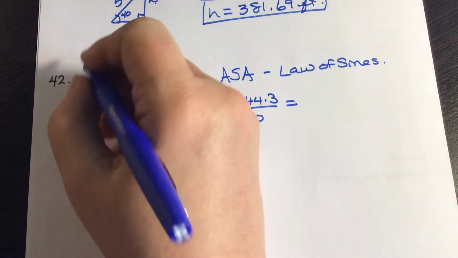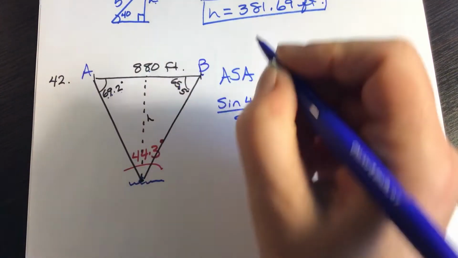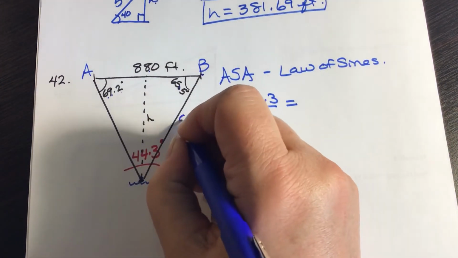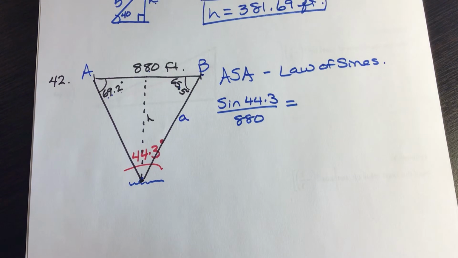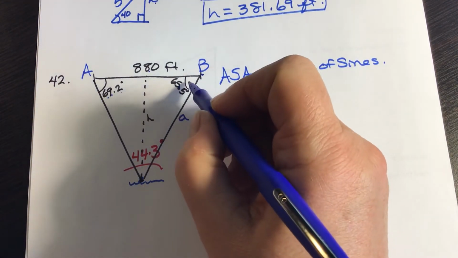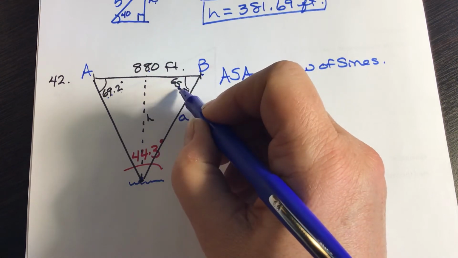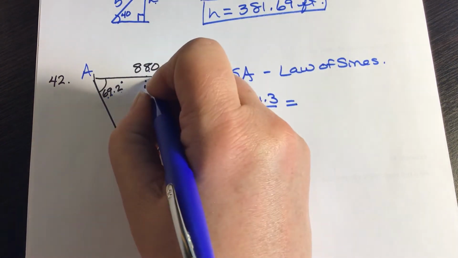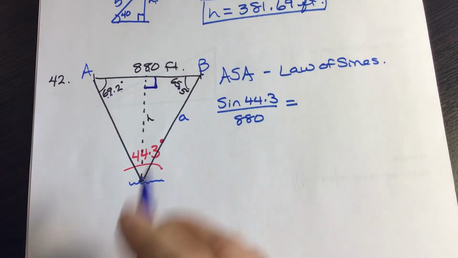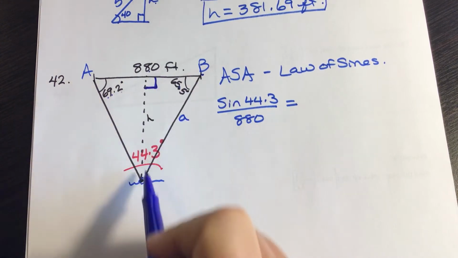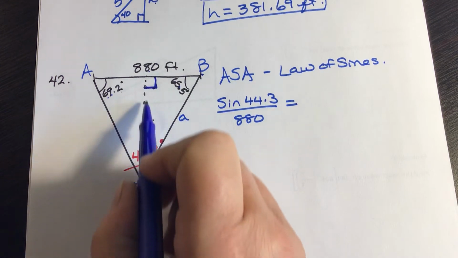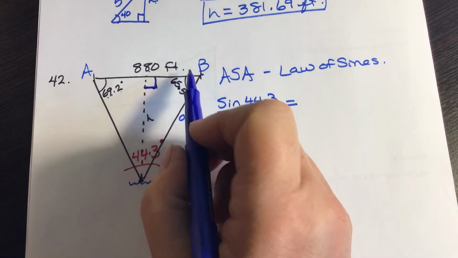So if I say this is point A and this is point B, let's say I want to find this length of this side right here, which is A. So if I know side A, then I can use a Pythagorean identity to find the length of the height.